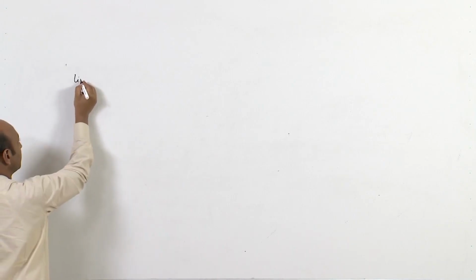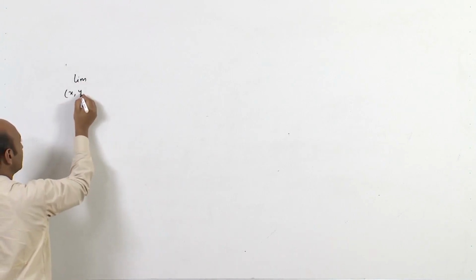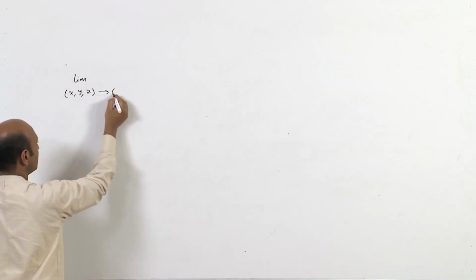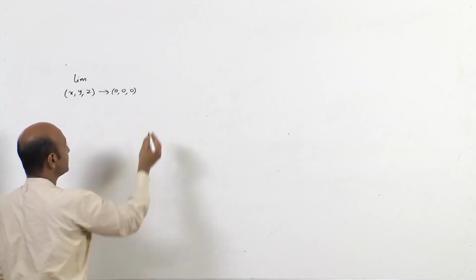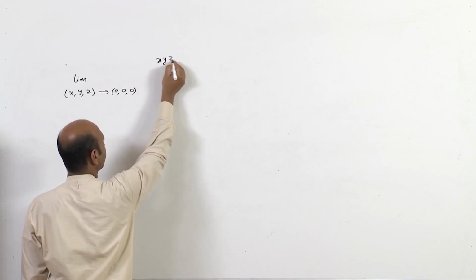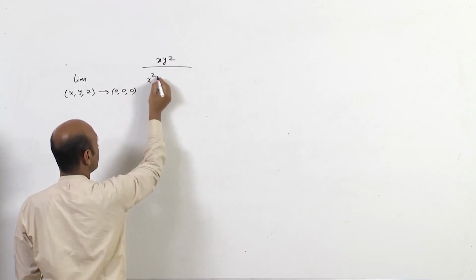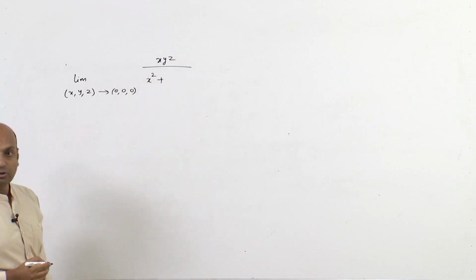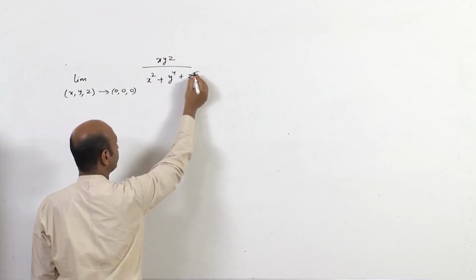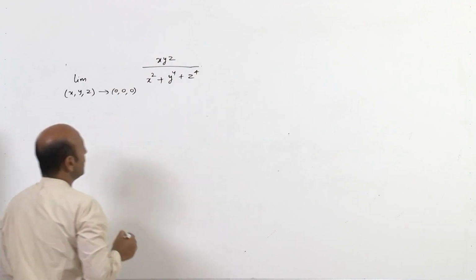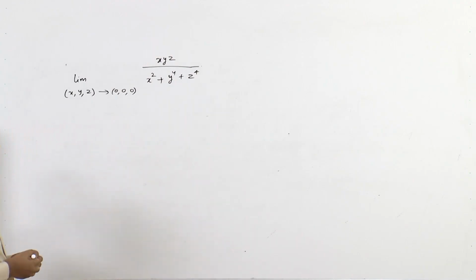Now the next example is the limit as (x, y, z) tends to (0, 0, 0) of xyz upon x square plus y to the power 4 plus z to the power 4. Now we have to find a path such that it comes out path dependent, to show that this limit does not exist.